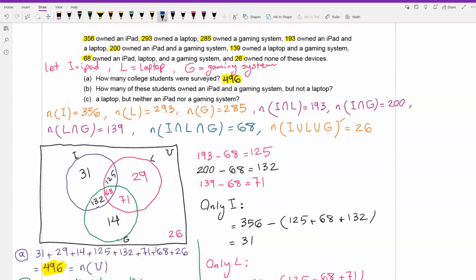Now part B, how many of these students owned iPad and gaming system? We already have all these numbers, so it's easy to answer these questions. So here is iPad and gaming system, but not laptop.